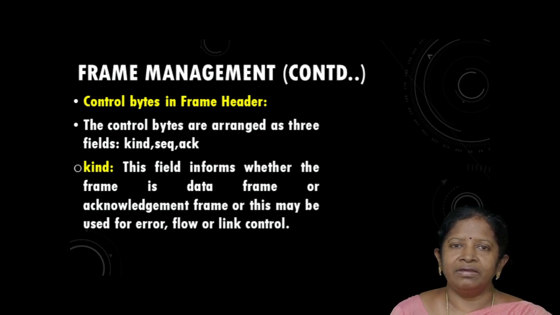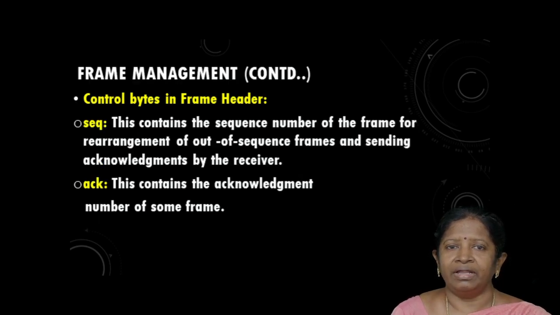Now let's see the three different kinds of fields present in the header. The first one is the kind, which distinguishes the frame. The frame may be a data frame, an acknowledgement frame, or a control frame. This information is placed in the kind field. Then we have the sequence number for the frame if it is a data frame.